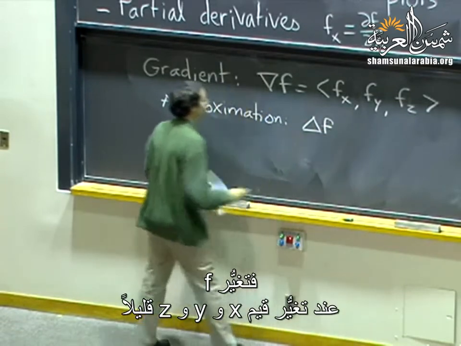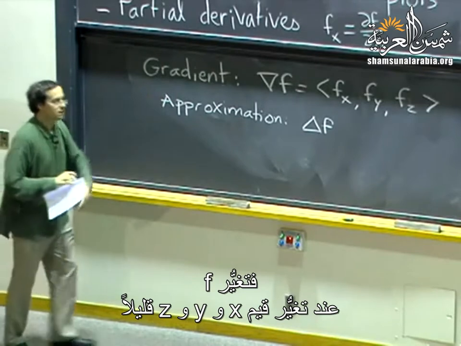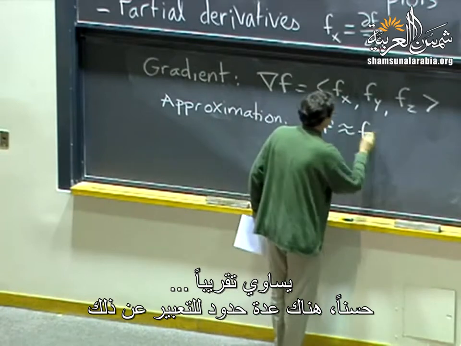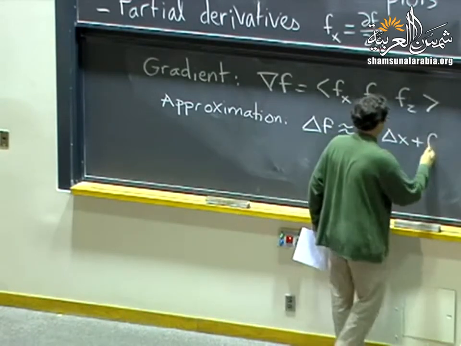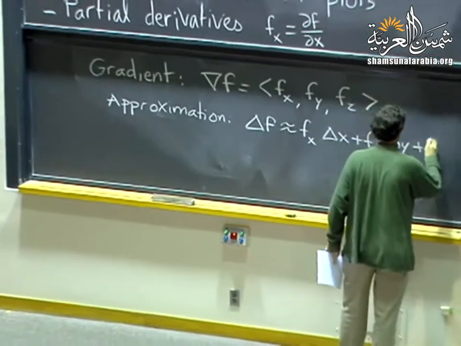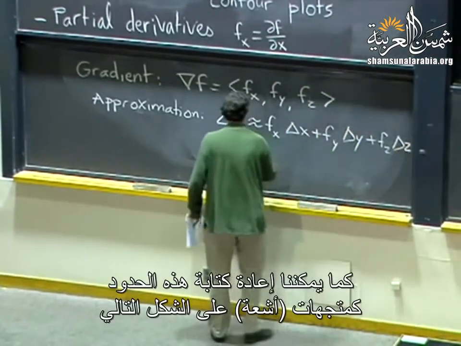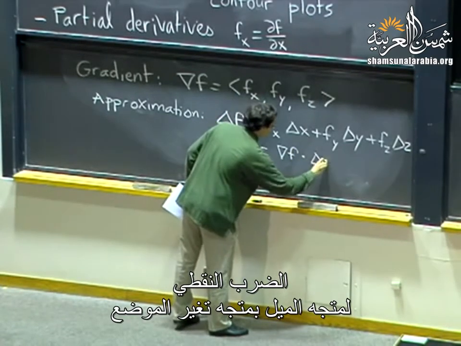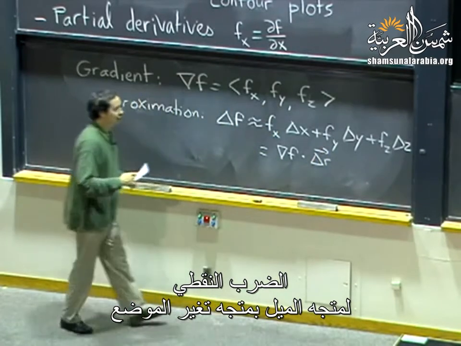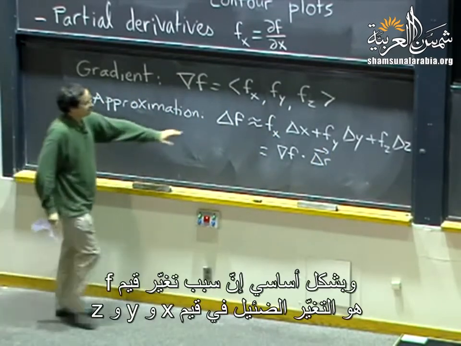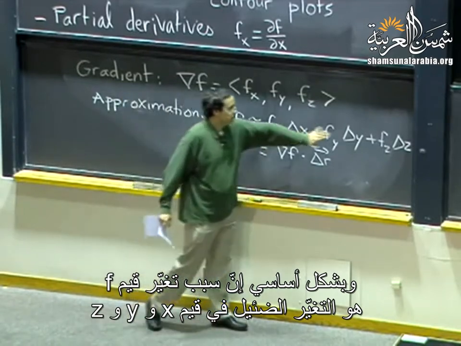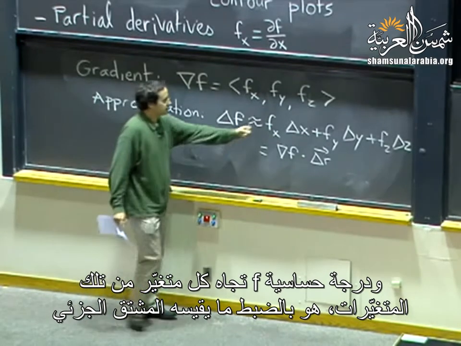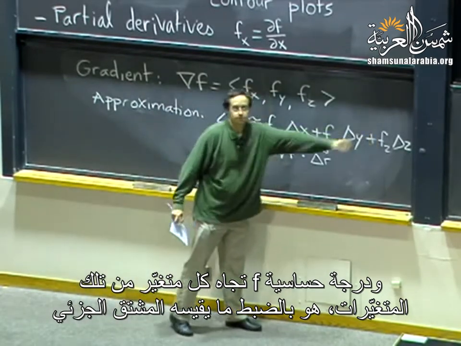The change in f when we change x, y, and z slightly is approximately equal to several terms. I can rewrite this in vector form as the gradient dot product the amount by which the position vector has changed. Basically, what causes f to change is that I'm changing x, y, and z by small amounts, and how sensitive f is to each variable is precisely what the partial derivatives measure.